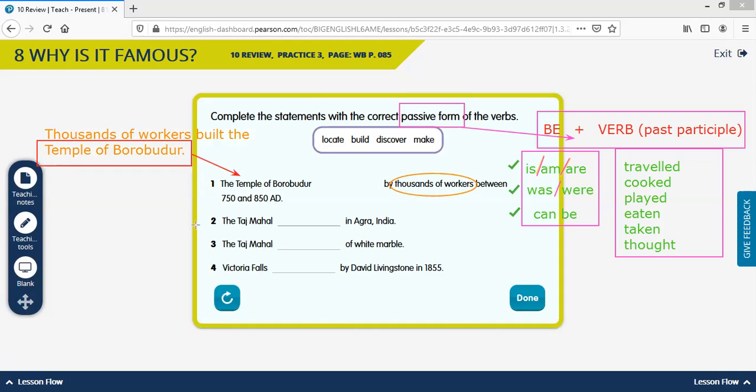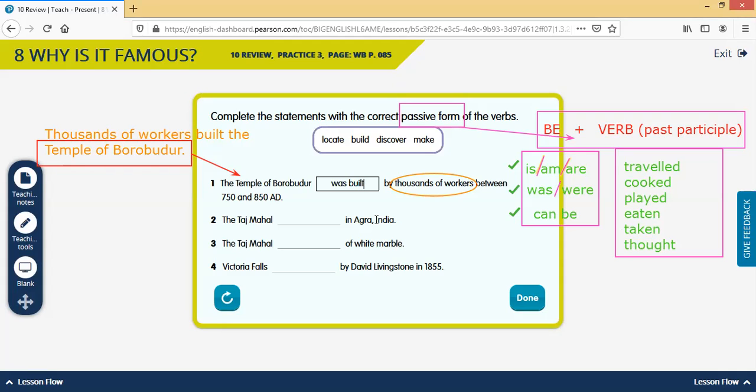So we're going to say that the temple of Borobudur was built, all right, by thousands of workers. Thousands of workers is the person or people who did the action, okay? That's why passive voice is sometimes confusing.